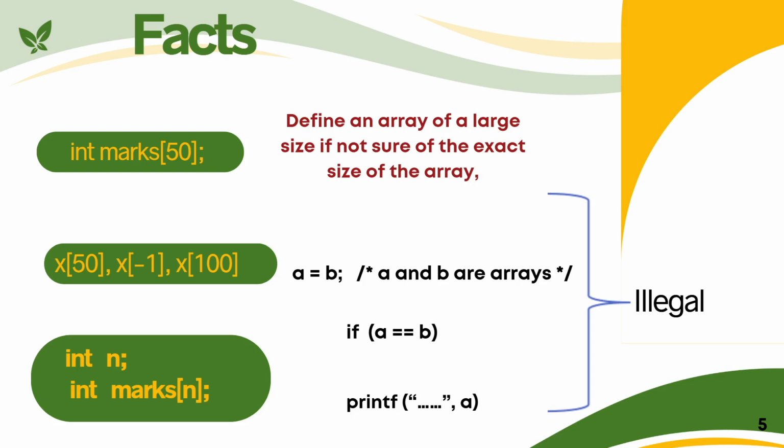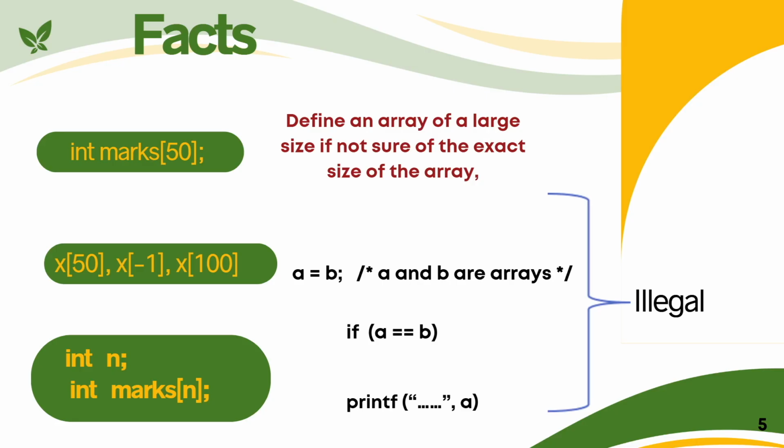And x[-1] is illegal just because we can't have an index that is a negative number, and x[100] is out of bounds of the array. We have defined an array of size 50, but we are accessing some location beyond its size, and so we say that it is out of bounds.